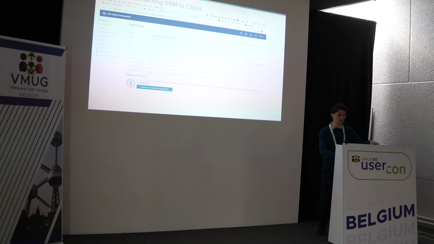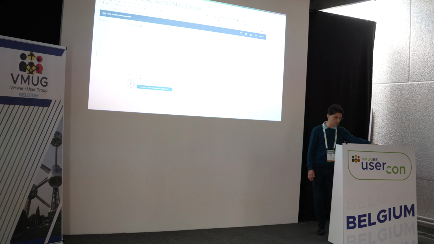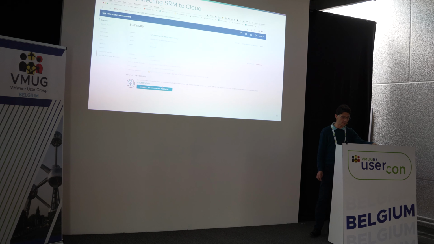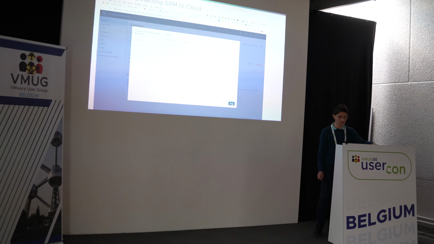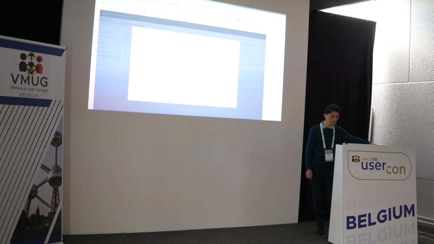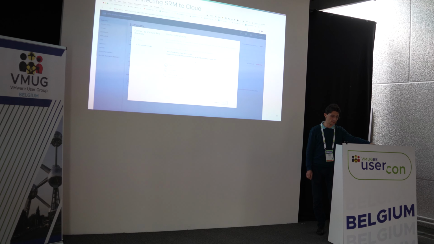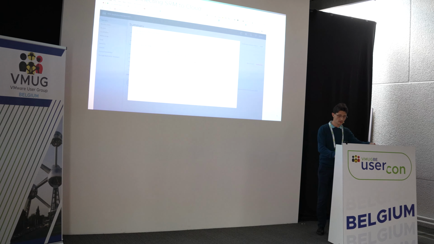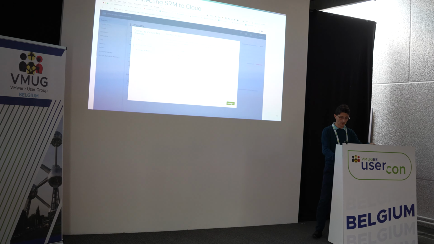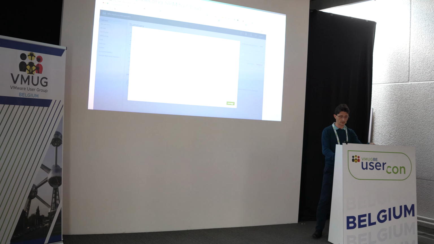Okay, so let's see how we can set up an SRM. This is an instance of the SRM appliance management, which now has a connect to cloud button. You run different kinds of connectivity and DNS checks. And once those are completed, you can just go ahead and connect to the cloud.